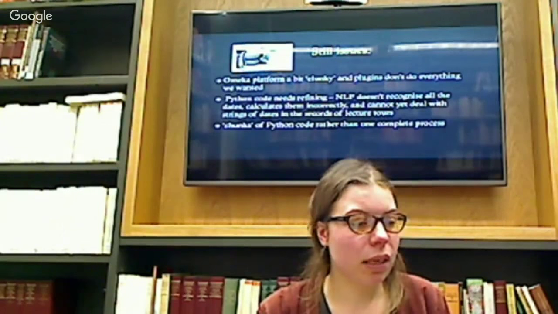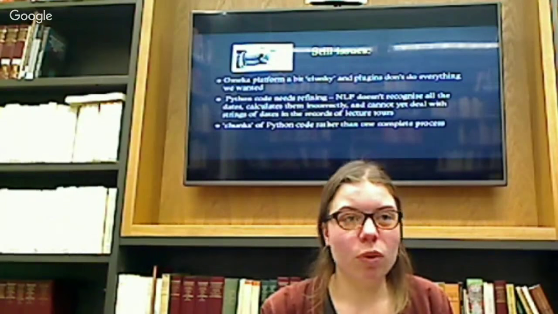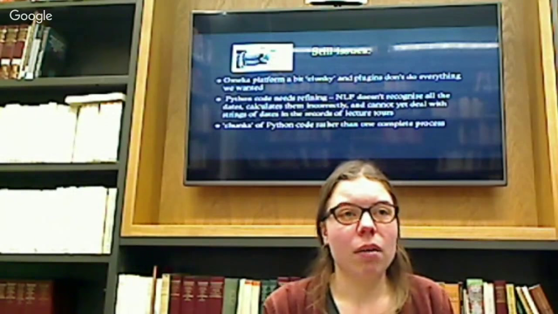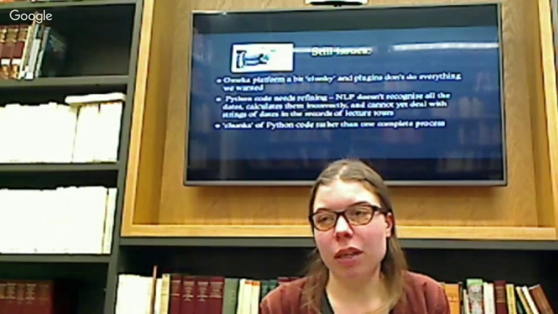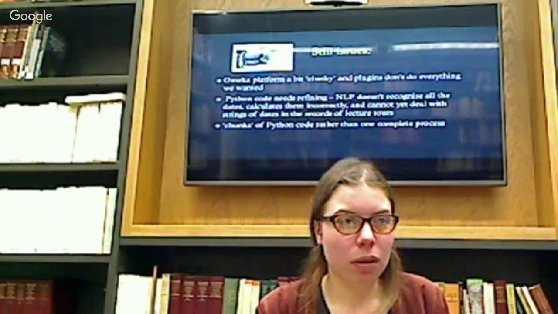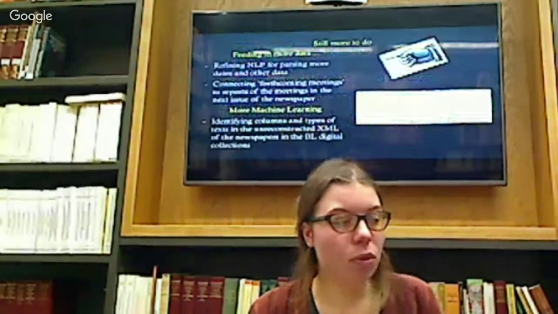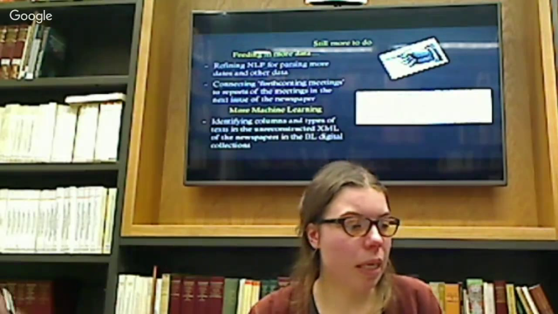And the Python code, as I said, needs refining. It's not perfect yet. And we're still working with chunks of Python code rather than the full text. So I've still got one chunk for geo-parsing everything and one chunk for dating everything. So there's still more to do. We still need to refine the NLP.